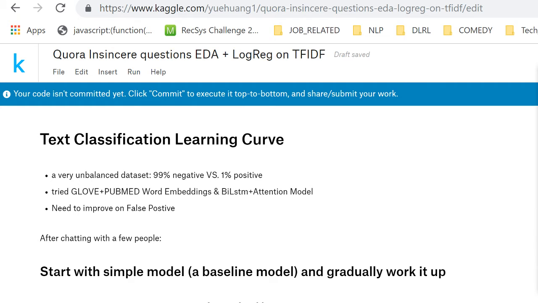So after chatting with a few people, I decided to take a step back and build a baseline model with the simplest architecture and gradually work it up to see the process.